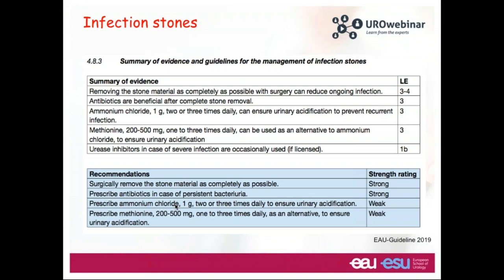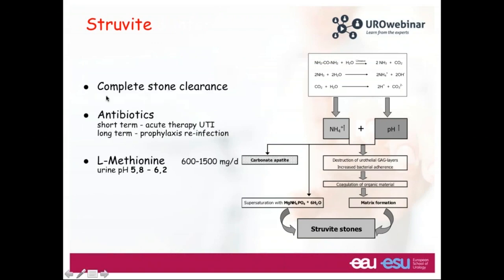So remember, the medications, to summarize, for struvite stones are complete stone clearance, antibiotics, and L-methionine achieving a pH of 5.8 to 6.2. Urease inhibition is very, very controversial.